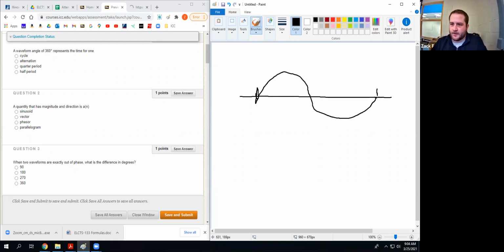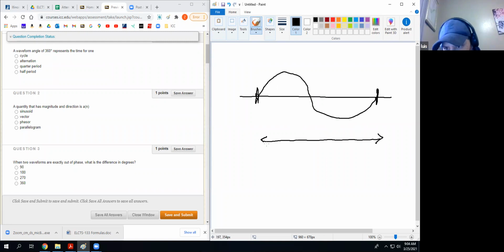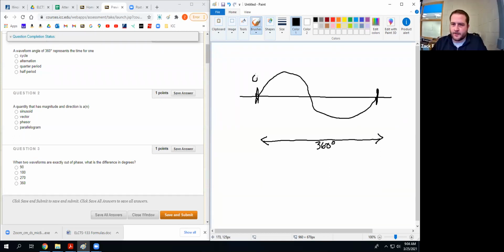Okay, so the angle from A to B here is 360 degrees. If this is 0 degrees and this is 360, this point would be 180.